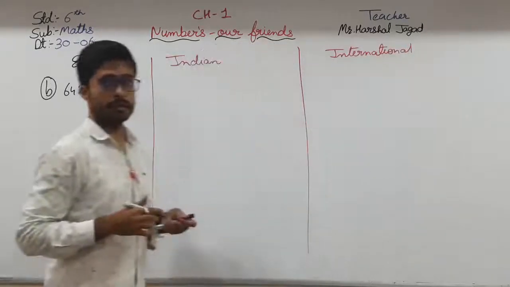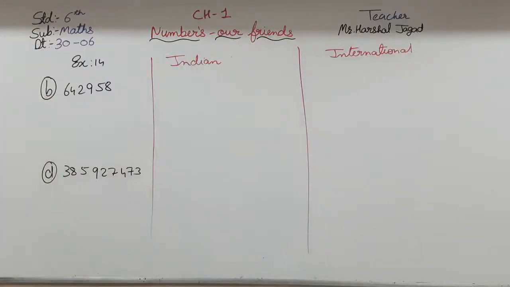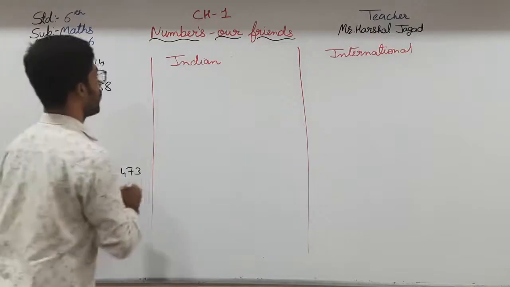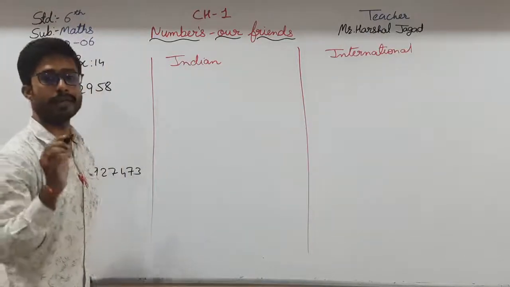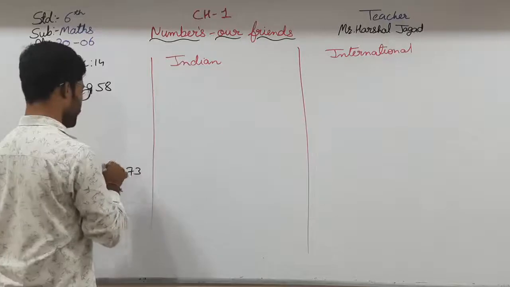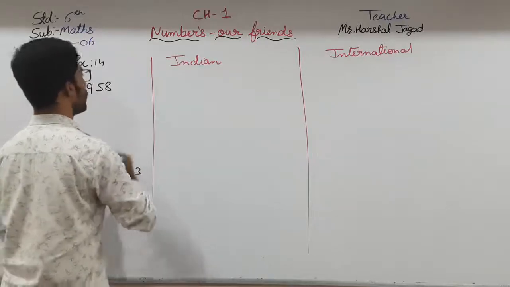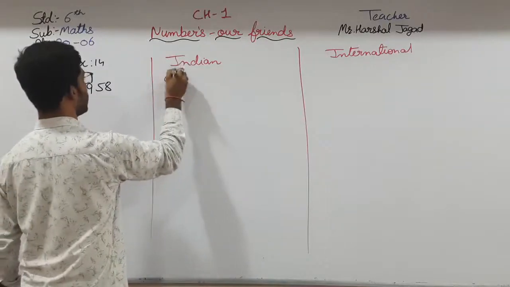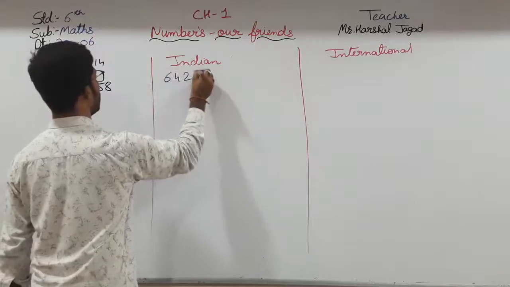First of all, putting commas according to the Indian system. Here 6, 4, 2, 9, 5, 8.